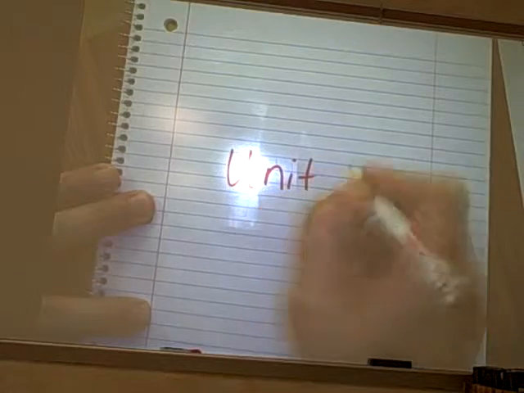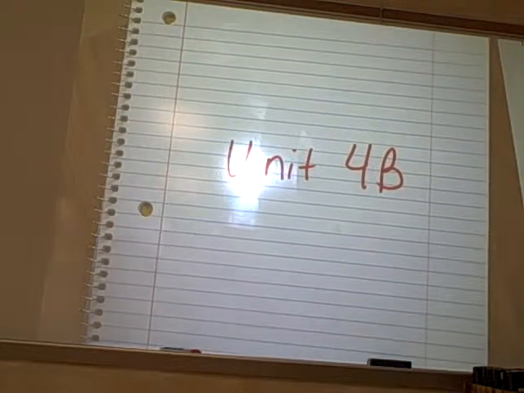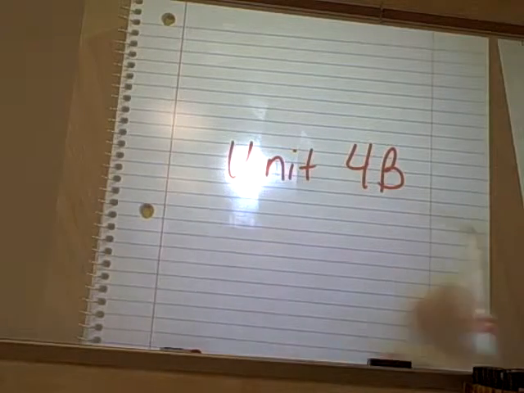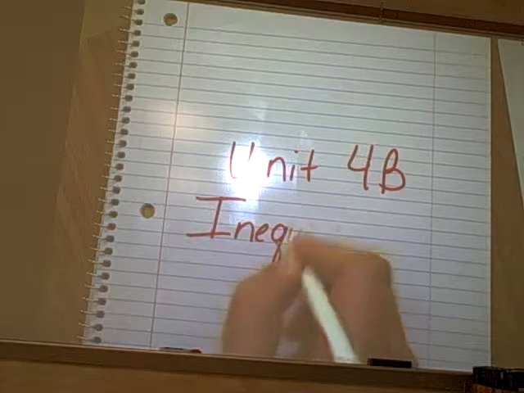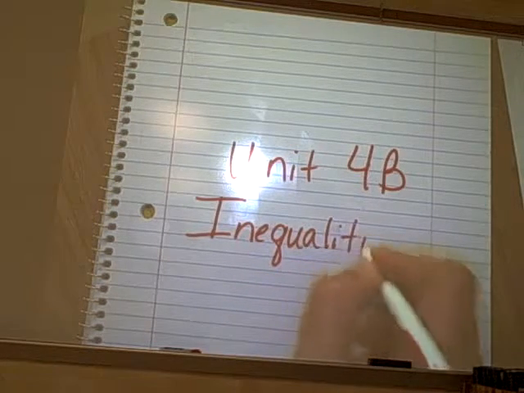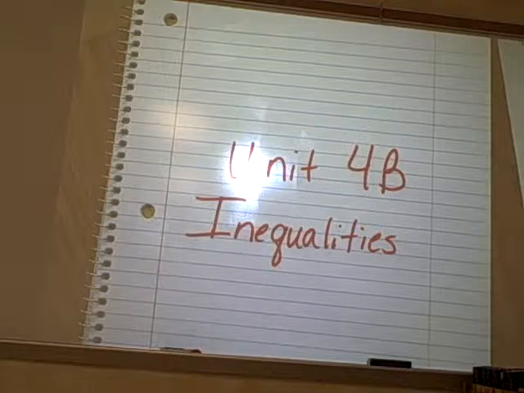So we're going to call this Unit 4B because technically it's supposed to be in Unit 4, but we just waited a little bit. And this is our inequality unit. So this is all about inequalities.